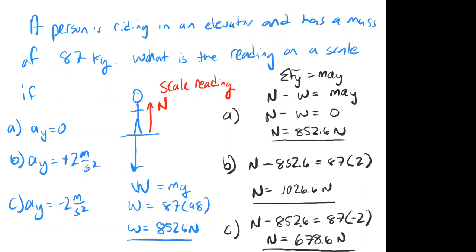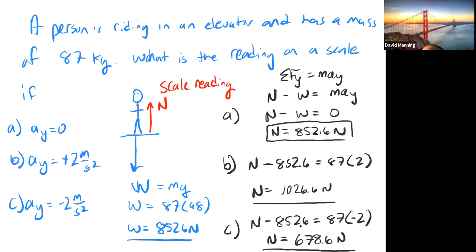So you can see you get three different forces acting on you from the scale. Your weight apparently changes by the scale reading based on the acceleration of the elevator.